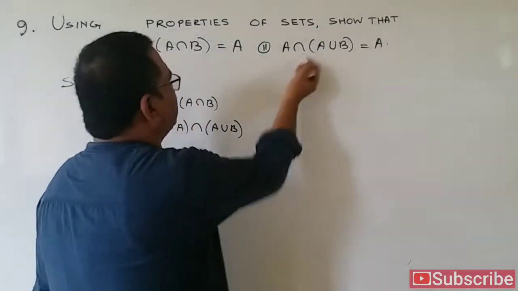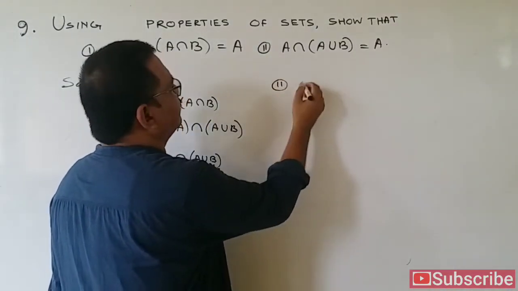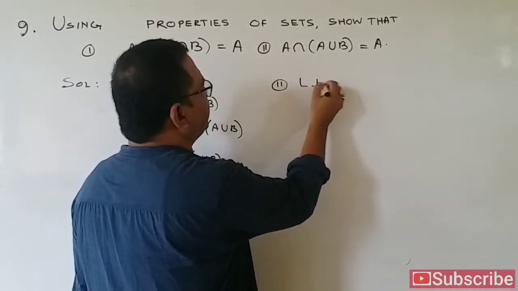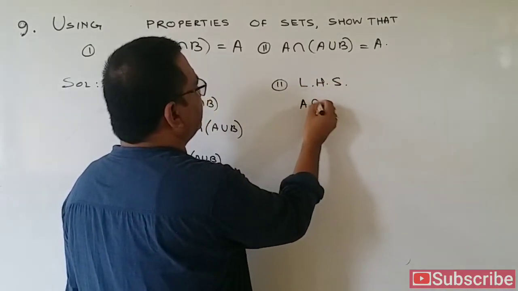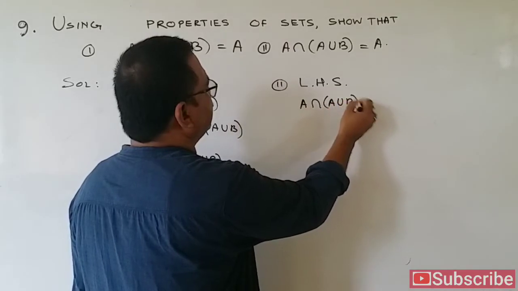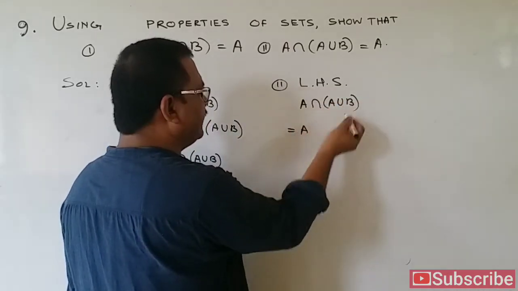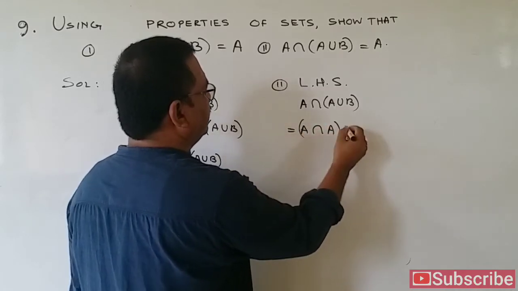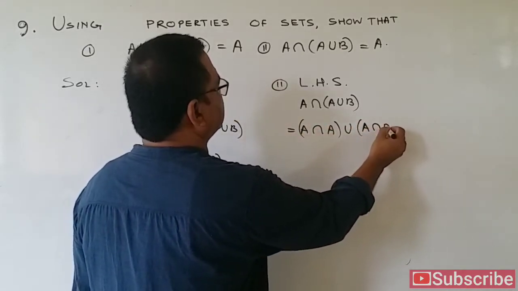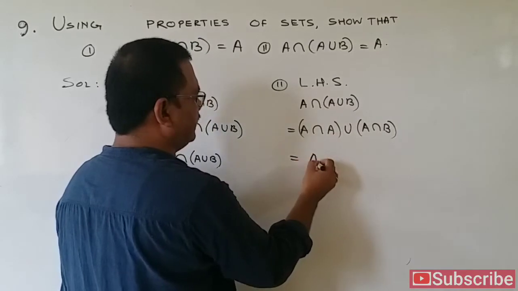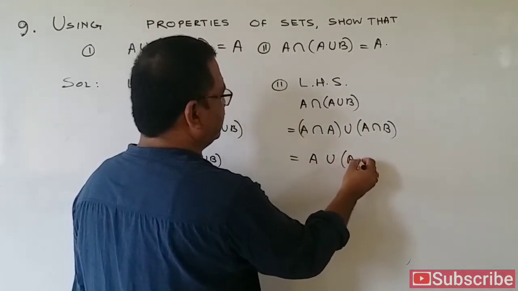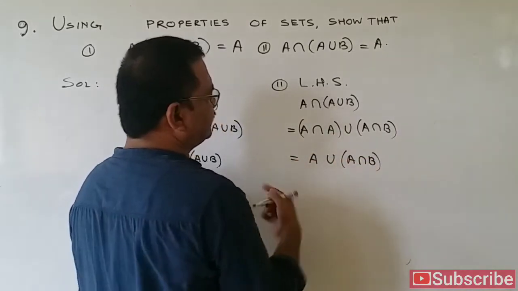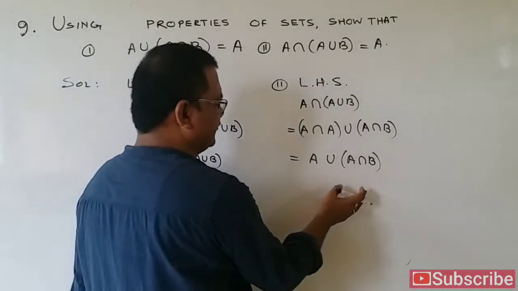Okay, let us work on the second part. From the left hand side, A intersection A union B, and again applying distributive law, A intersection A union A intersection B. A intersection A is A, union A intersection B. Now you see which part is larger.